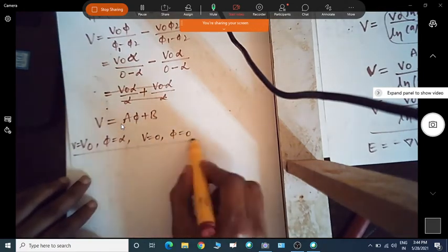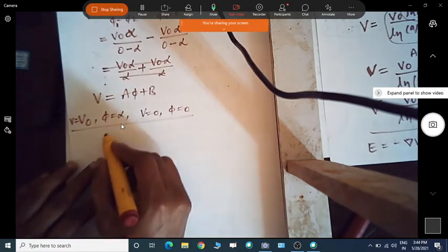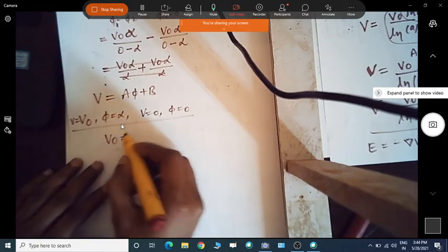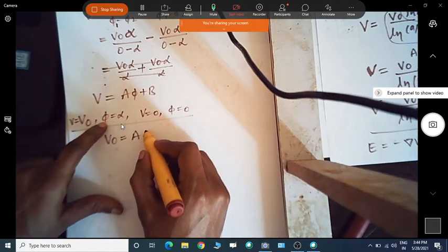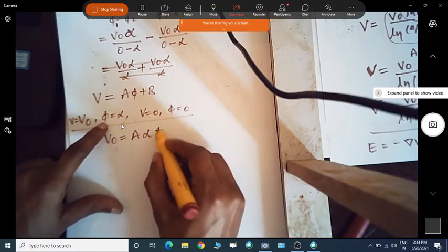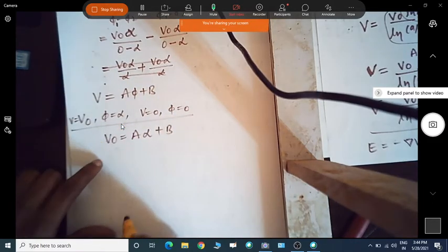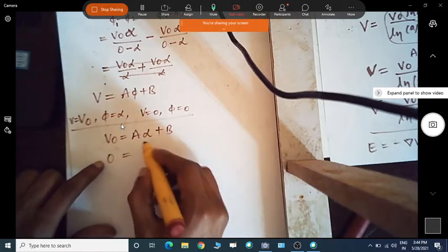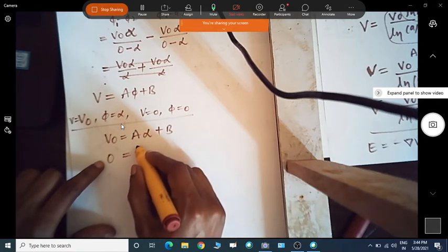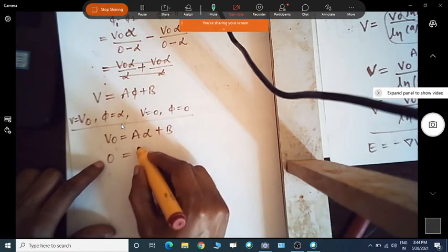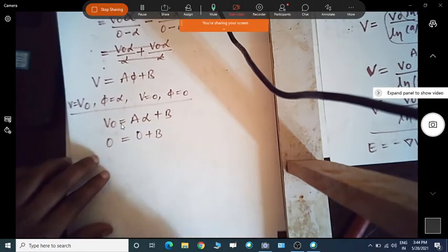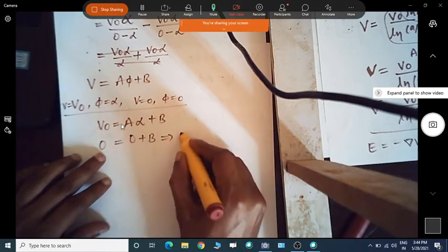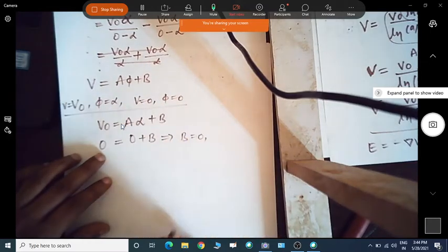So if I take these boundary conditions, we get v naught equal to a into alpha, and when phi is 0, this is 0 plus b. Okay, so this will give the value b equal to 0.